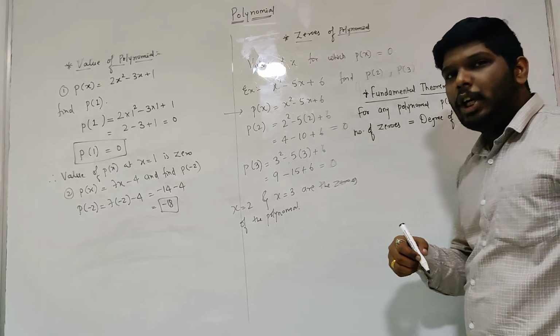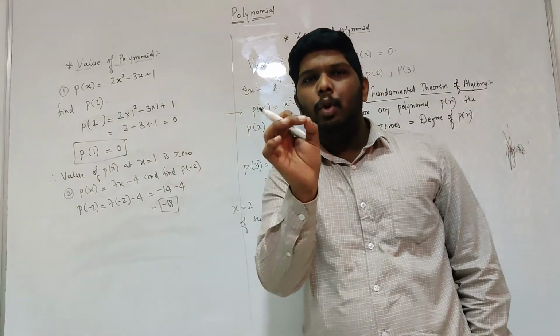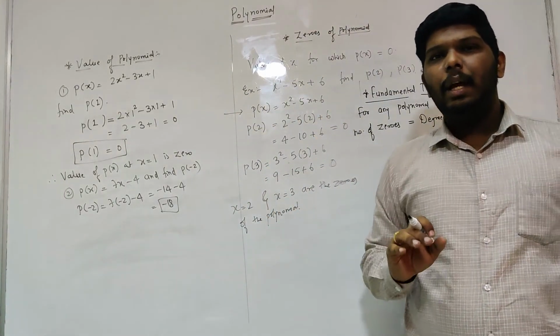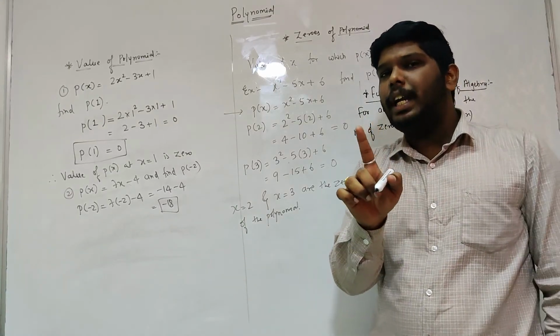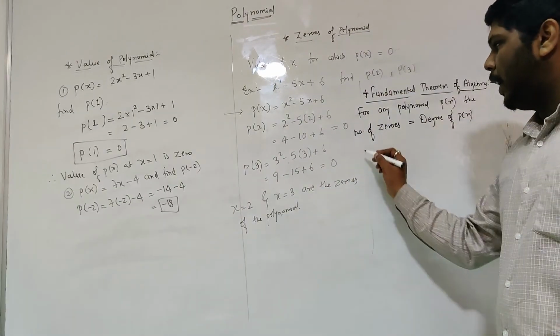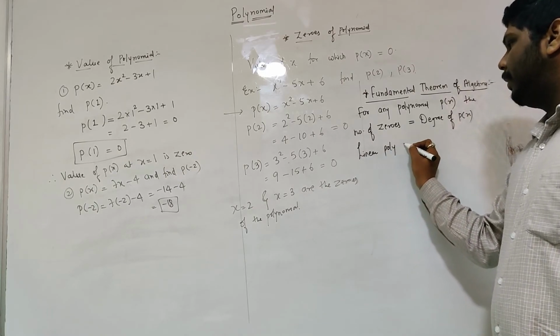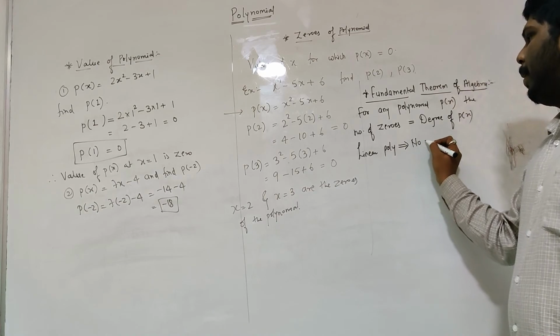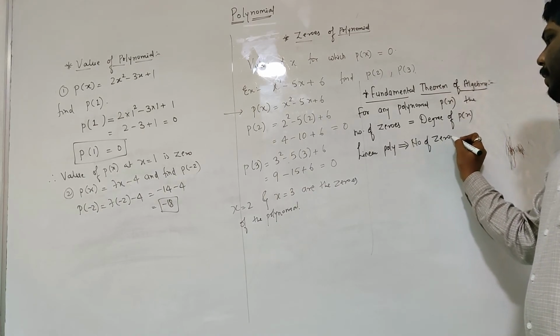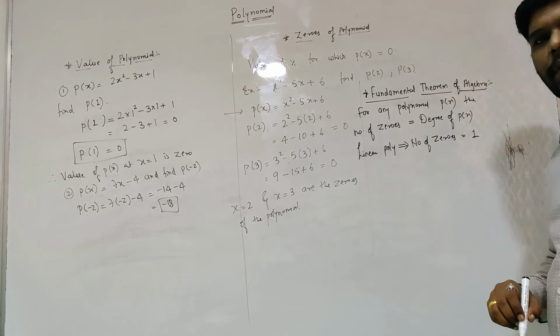Meaning, if it is a constant polynomial, it will have no zeros. If it is a linear polynomial, it will have 1 zero, because the degree of x is 1 in this case, right? So for a linear polynomial, the number of zeros is equal to 1.